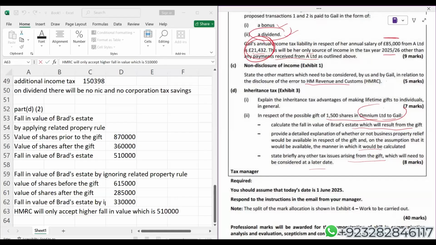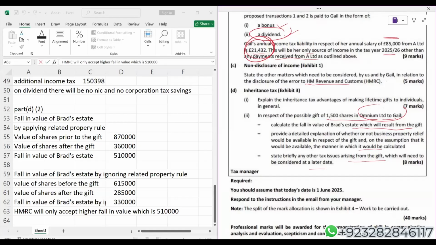Number two, let's say BPR is available, but Gail will have to make sure in case of death of Broad, at the time of death of Broad, Gail should be holding those shares. If Gail has sold the shares before the death of Broad, then Gail should be utilizing their sale proceeds to reinvest in the replacement property on which again BPR is available.